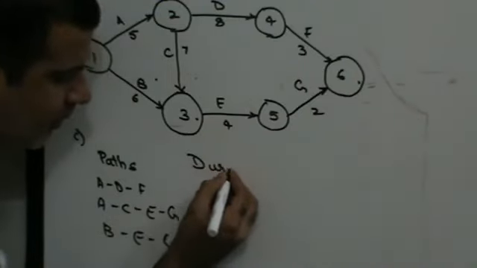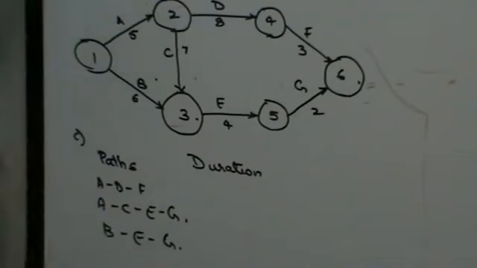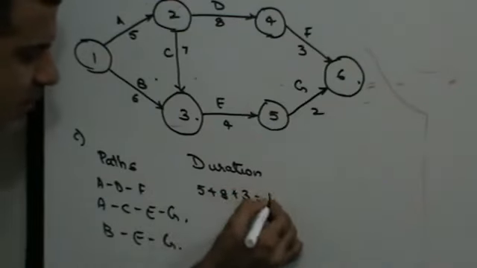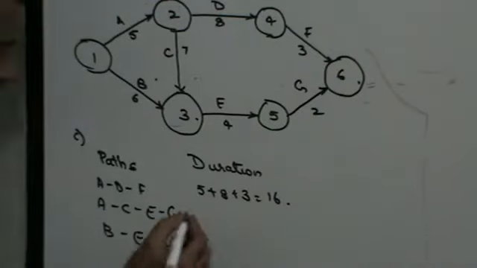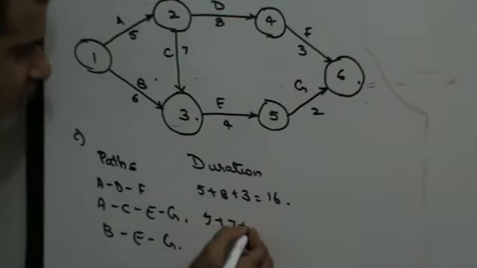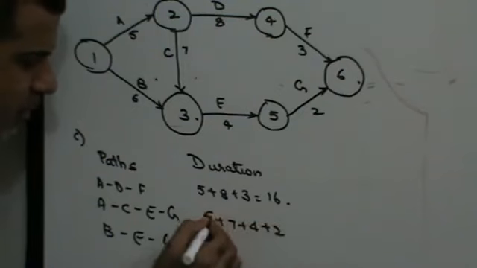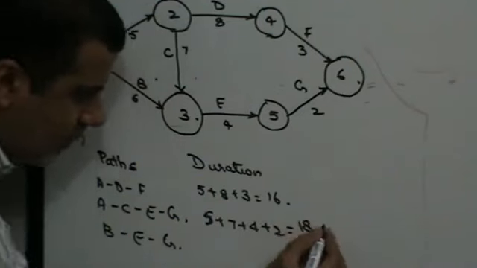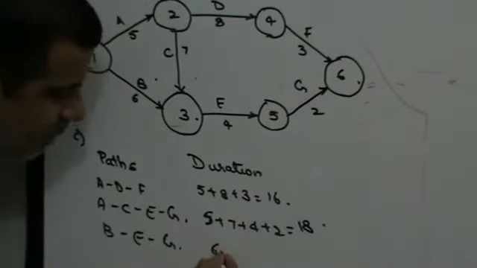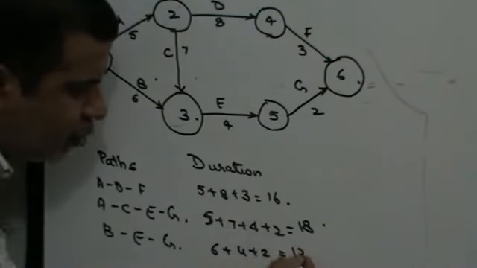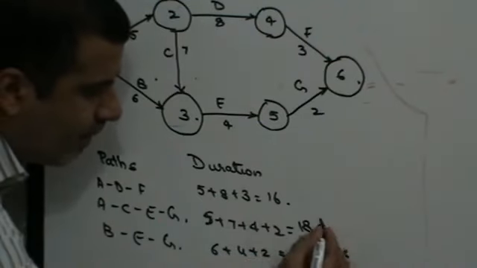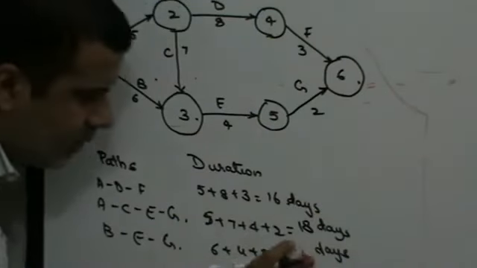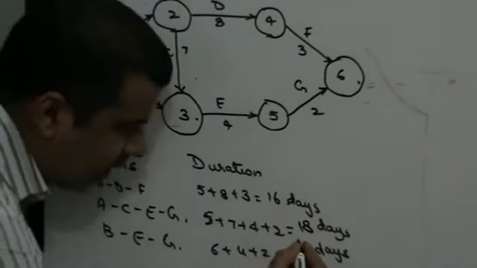Duration: ADF is going to be 5 plus 8 plus 3, 11 plus 5, 16 days. This is going to be 5 plus 7 plus 4 plus 2, so this is nothing but 18 days. And BEG is 6 plus 4 plus 2, 12 days.